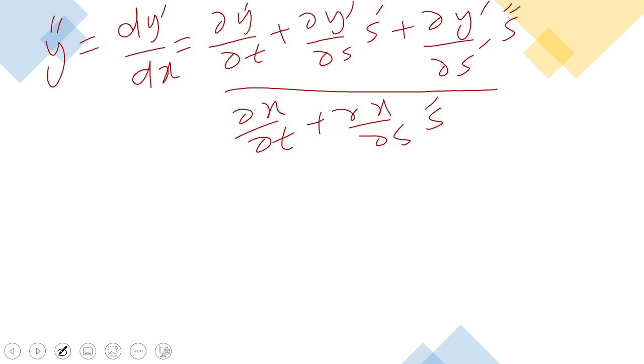Now I know these two values, but I will calculate these three values from y dash.